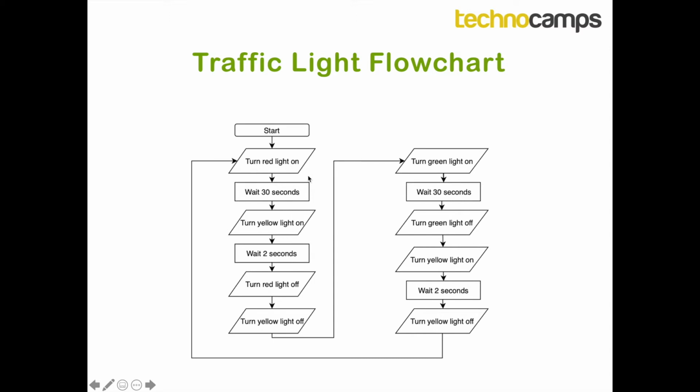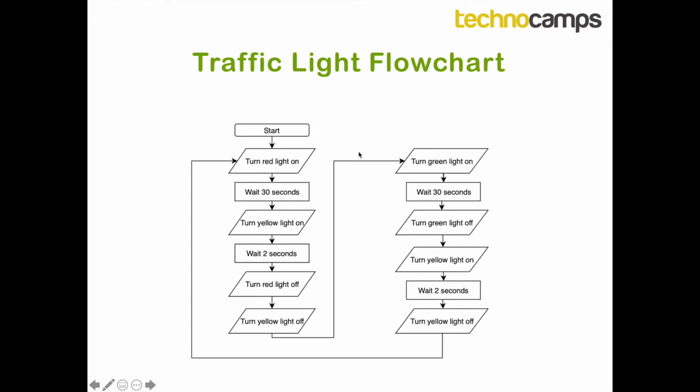All of these rectangles here are process boxes. So you can see that we output the red light being on, then we wait 30 seconds, output the yellow light being on, wait 2 seconds, etc, etc. We move down following the arrows from state to state, and when we get to the last one we go all the way back to the beginning.